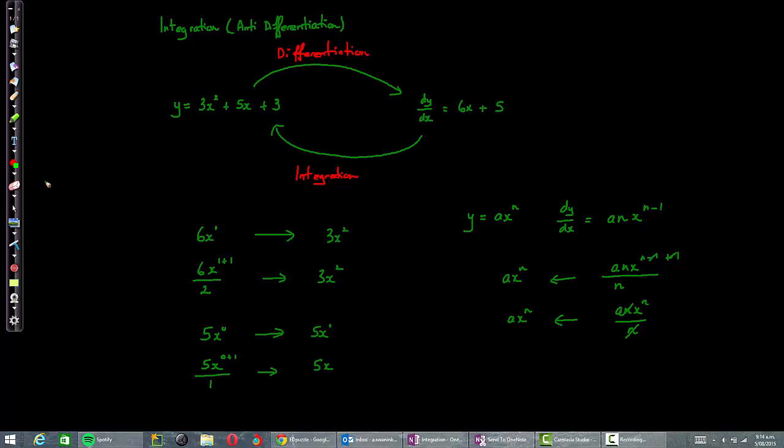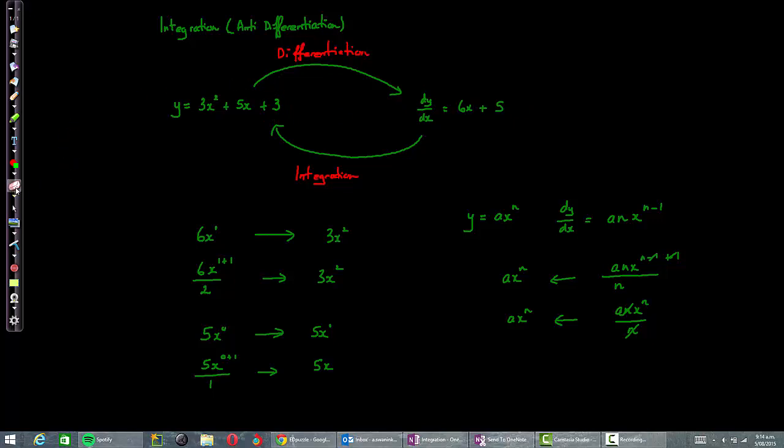So what about the 3 term here? Well, then we run into a problem, because at the moment when we look at the derivative, and if that's what we're starting with, I don't know if there was no constant here, or if there in fact was some sort of constant here, but I don't know what that constant might have been.